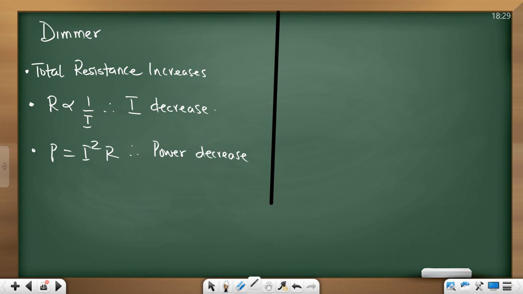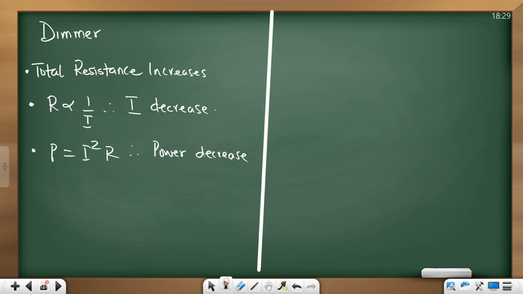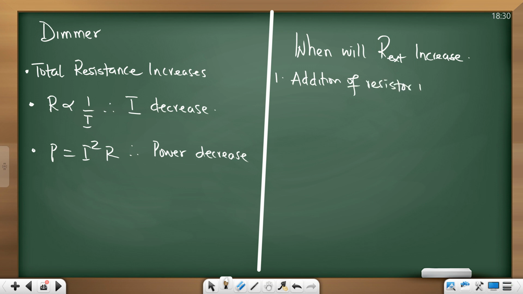Those of you that were with me yesterday, I gave some notes. When will R external increase? I remember we did this as well. Number one, when you add a resistor in series.